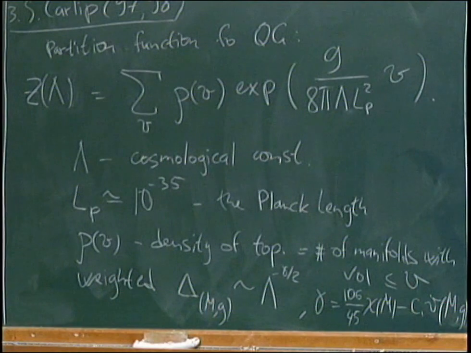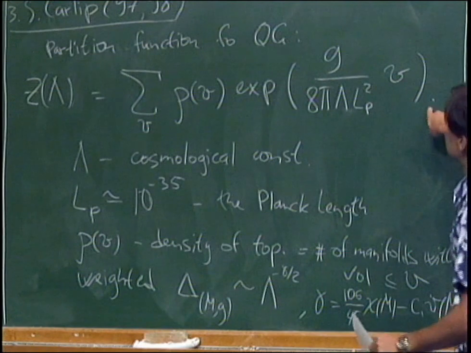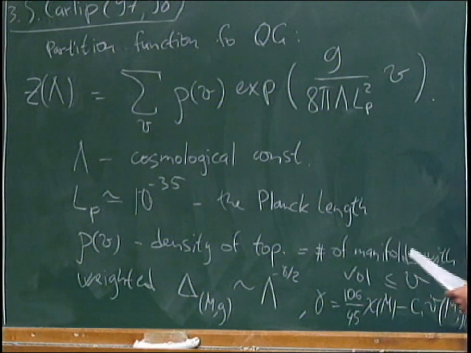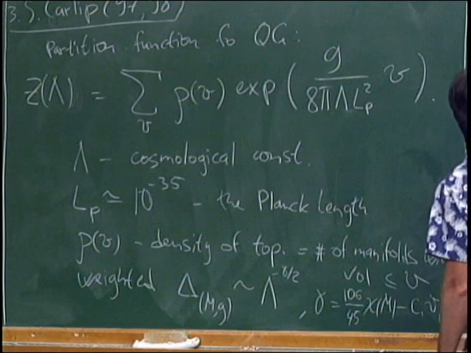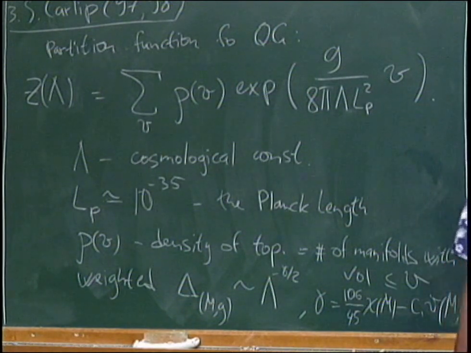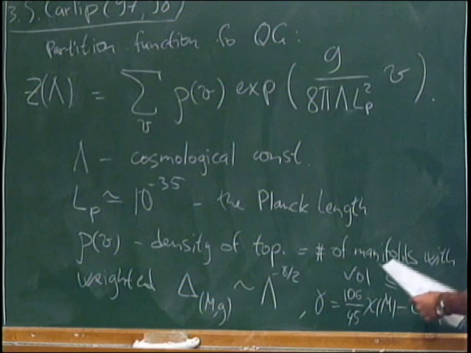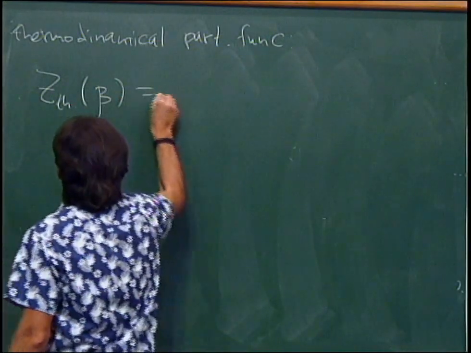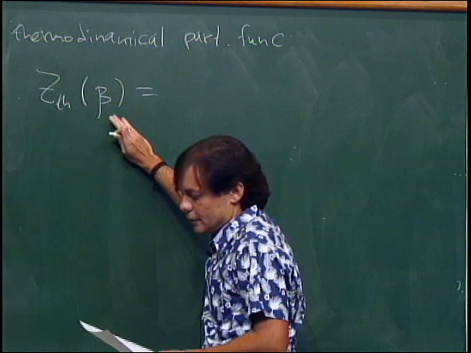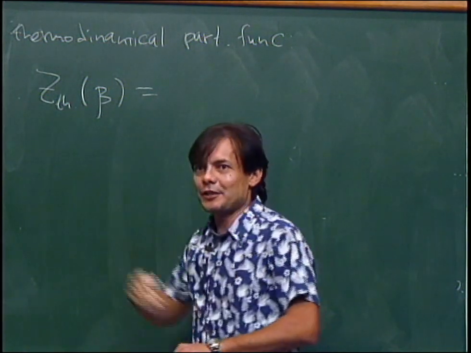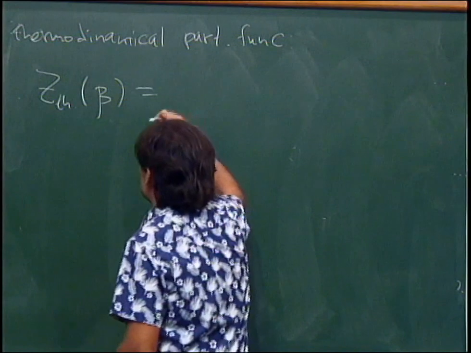And the other observation which he makes in the same papers is that he compares this partition function with a classical thermodynamical partition function. And there is a very nice analogy. So the thermodynamical partition function can be written as Z of beta, where beta is called the thermodynamical beta, just the inverse of the temperature of the system.